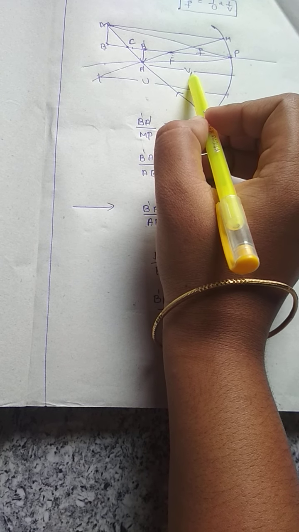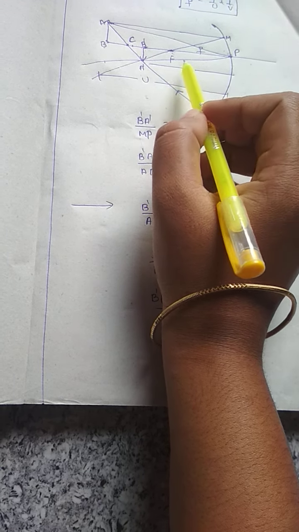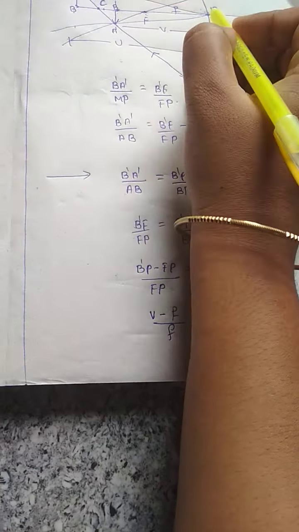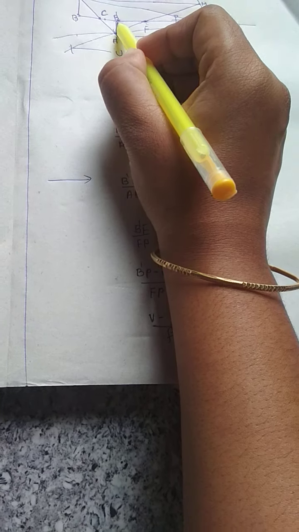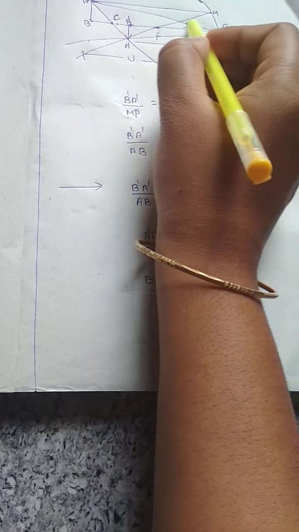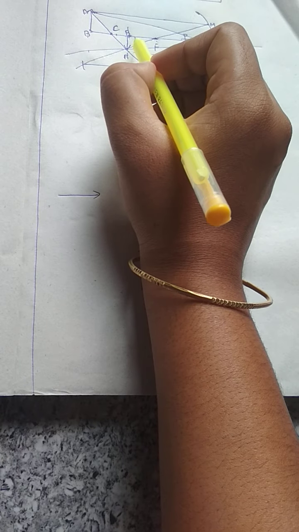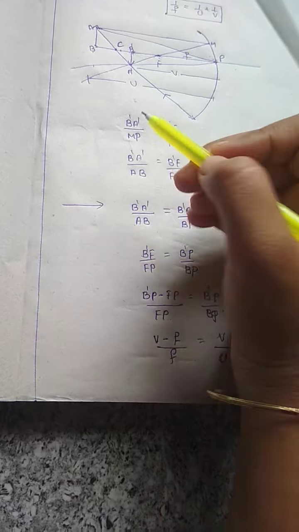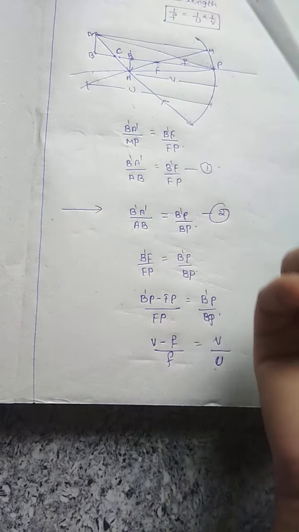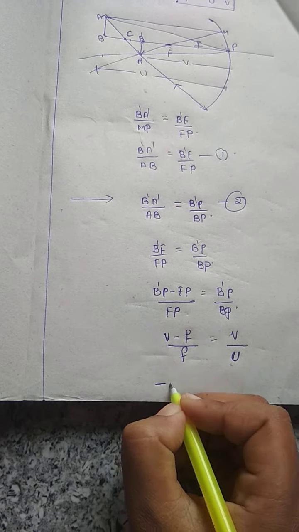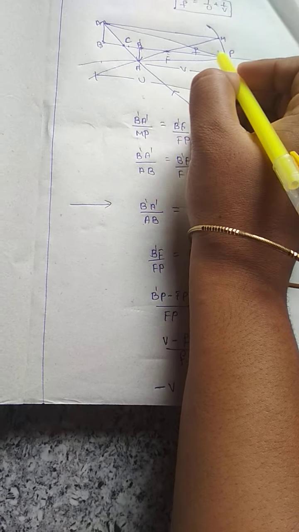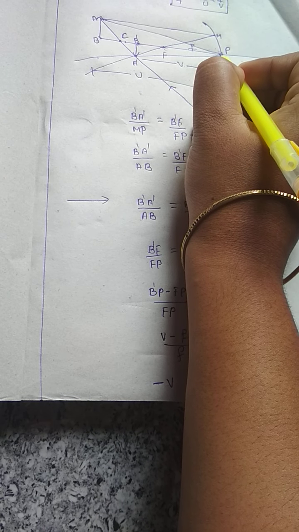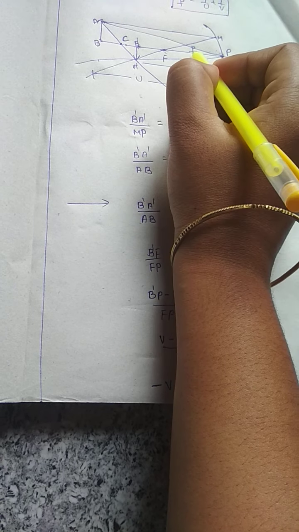Here V is negative, because B dash P means P B dash, which is perpendicular to the incident ray, so we take the sign as negative: minus V. F is the focal length, measured from the pole to the focus.